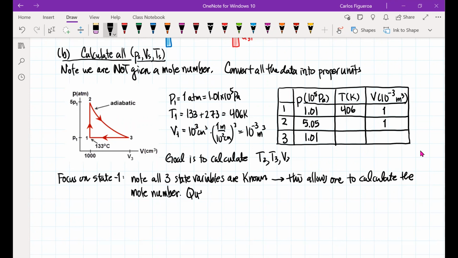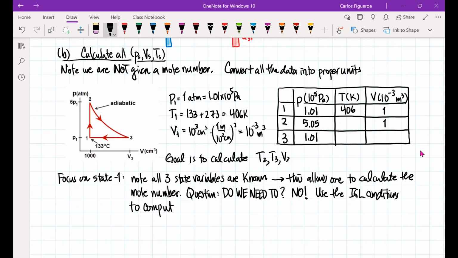But my question is, do we need to? And I'm saying, in general, no, use the ideal gas law conditions to compute T2, T3, V3.